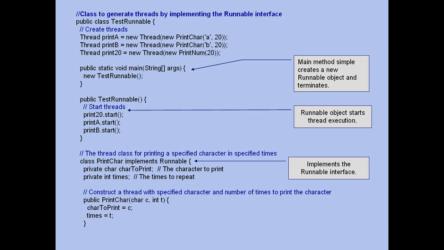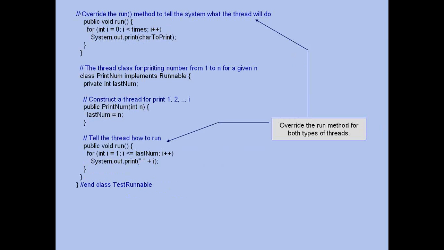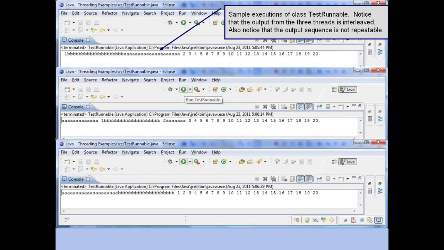The class that is passed to the thread constructor, yes. Yeah, thread constructor, and then with the help of the thread object we are printing the same thing again that we did in the previous section: A 20 times, B 20 times, and the value of I 20 times. Yeah, and same thing, random order.